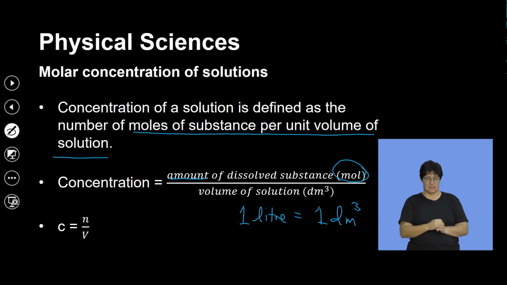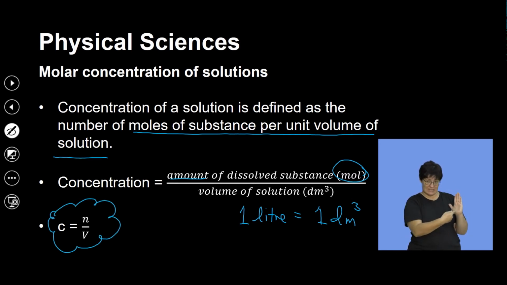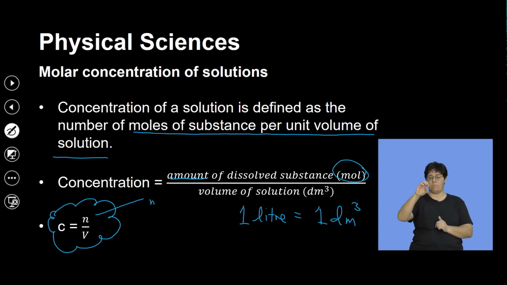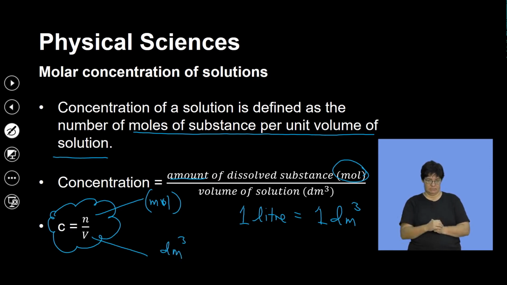Mathematically, in your data sheet, this is the formula you need to familiarize yourself with as far as concentration is concerned. C is concentration, n is the moles of substance, and V is the volume in cubic decimeters. So the SI unit of concentration of any solution is mole per cubic decimeter, okay?